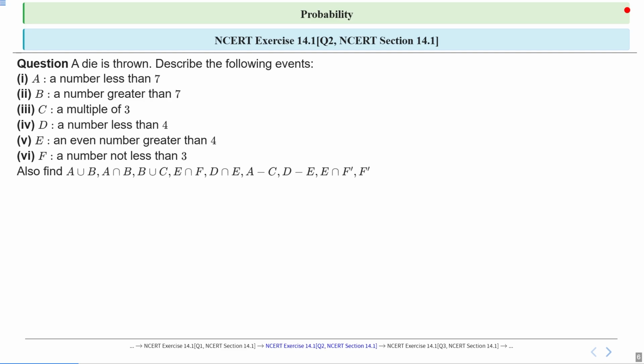So students, find the union of A and B, intersection of A and B, union of B and C, intersection of E and F, intersection of D and E, and difference of A and C. Okay. And difference of D and E, and intersection of E and F complement, and F complement. Okay. Find it. So students, you have 40 seconds to try to solve this question, and then we will provide the solution.